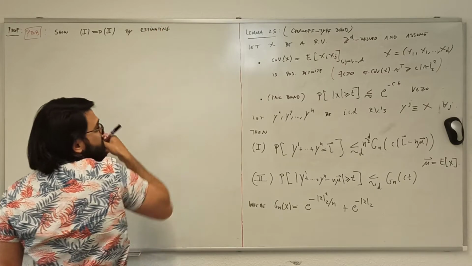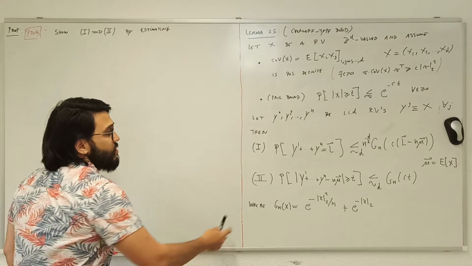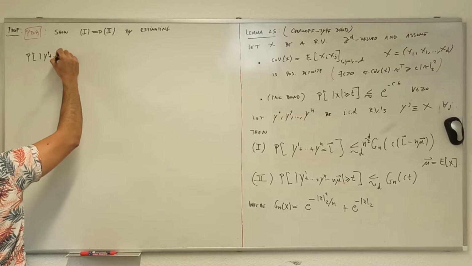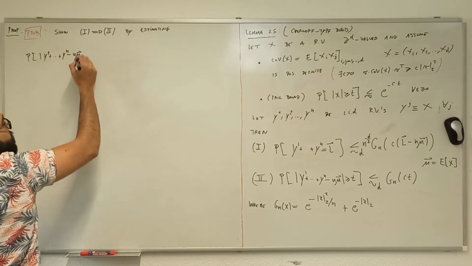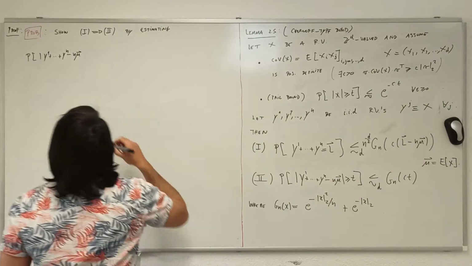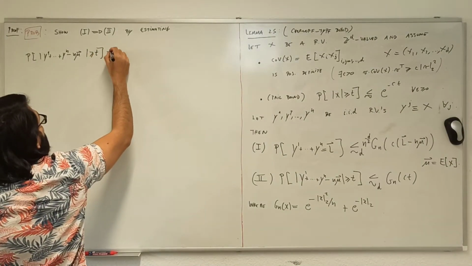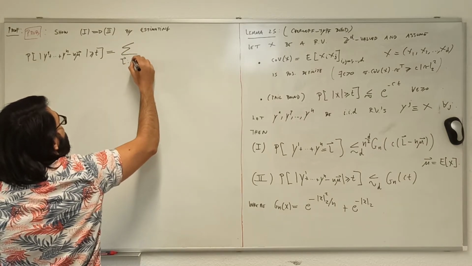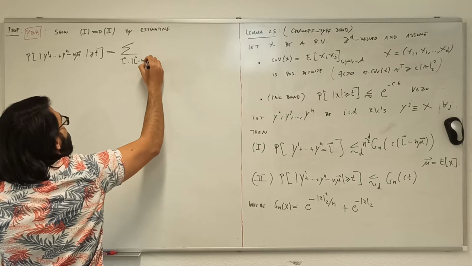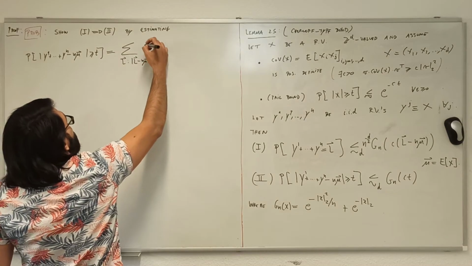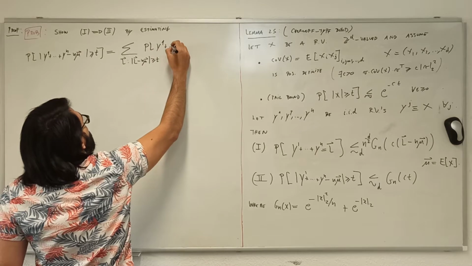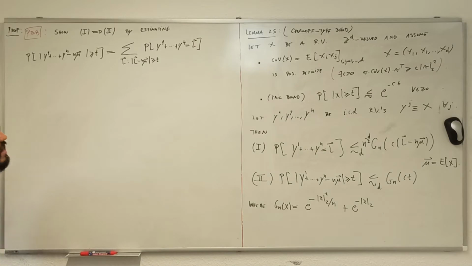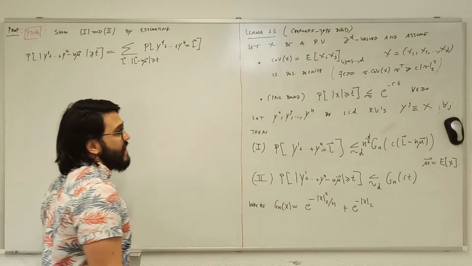Here I'm giving you a hint. You want to estimate the probability that y_1 plus ... plus y_n minus n times the average is greater or equal than t, which equals basically the sum over all the L's such that the norm of L minus n mu is greater or equal than t of the probability that y_1 plus ... plus y_n equals L. And these probabilities we can estimate by this.